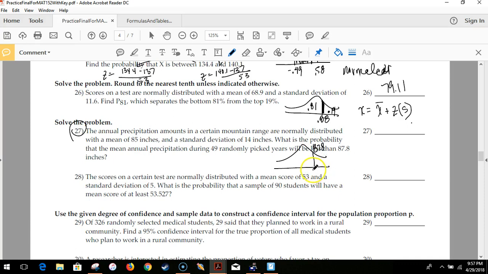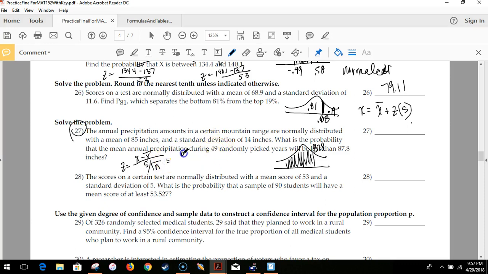87.8? So I need to find the z-score so that I can say from negative infinity up to that. The z-score changes just a tiny bit. It's still x minus x bar up top. But my denominator is not just s, it's s divided by the square root of n, which is your sample size. How many years did you pick?